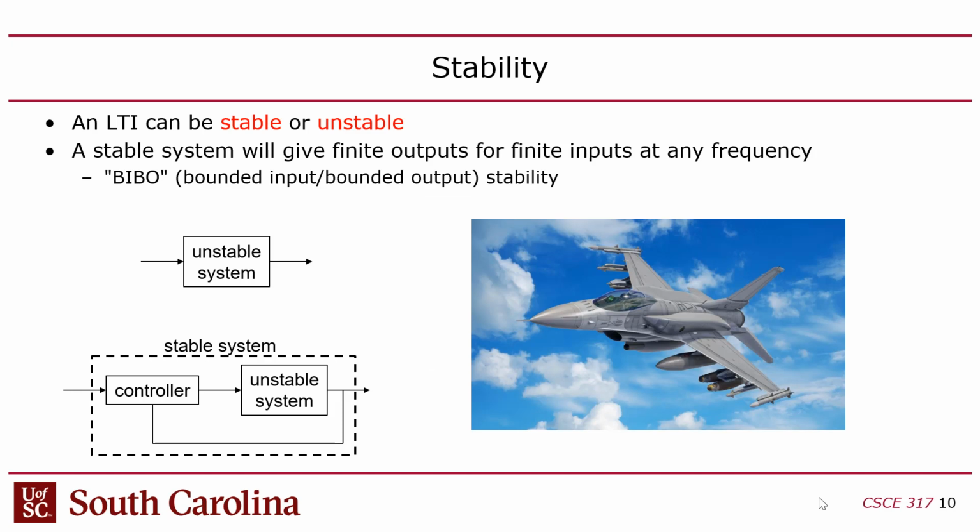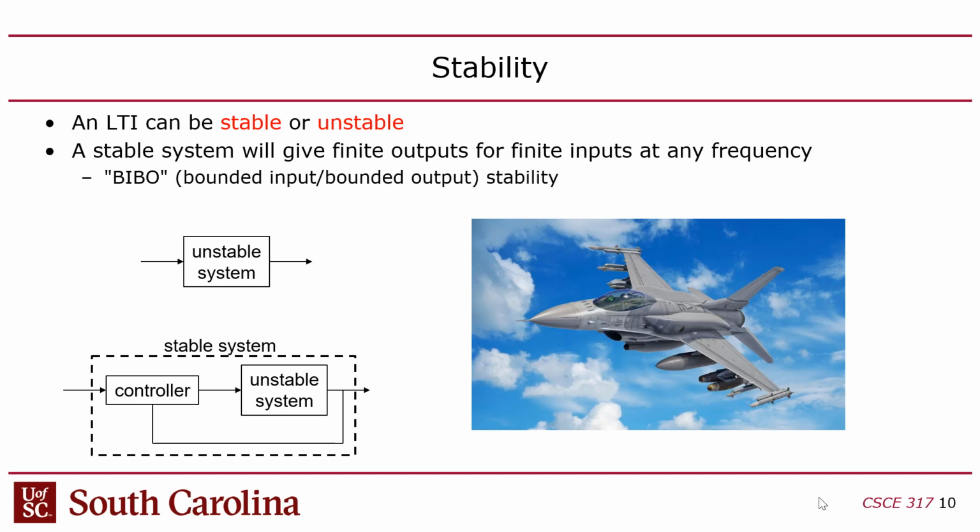Okay, so now this is something that actually surprised me a little bit when I first learned about this. You guys might already know this from 222. But an LTI can be stable or unstable, which means that a stable system will give finite outputs for any finite inputs at any frequency, right?